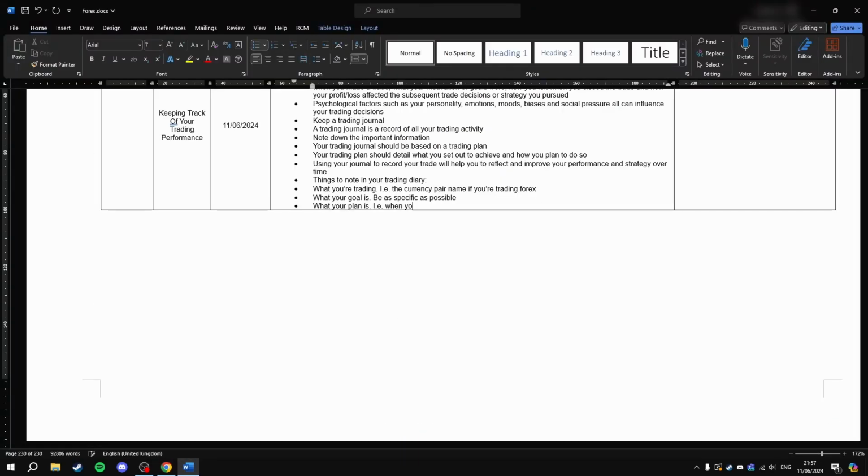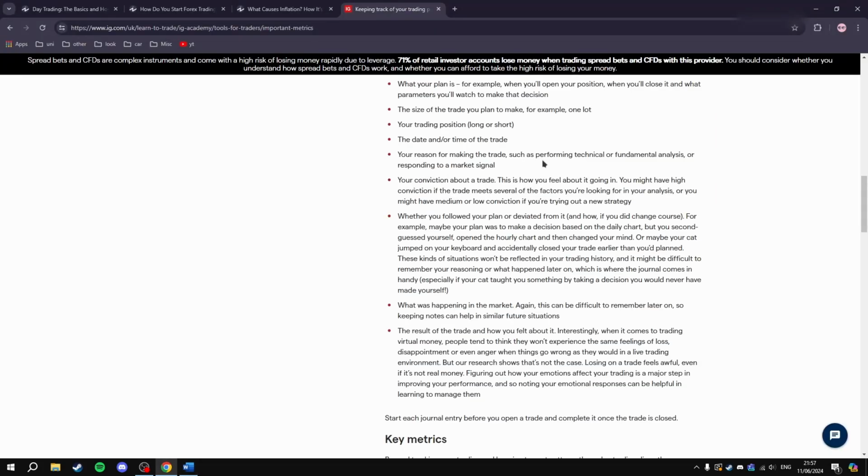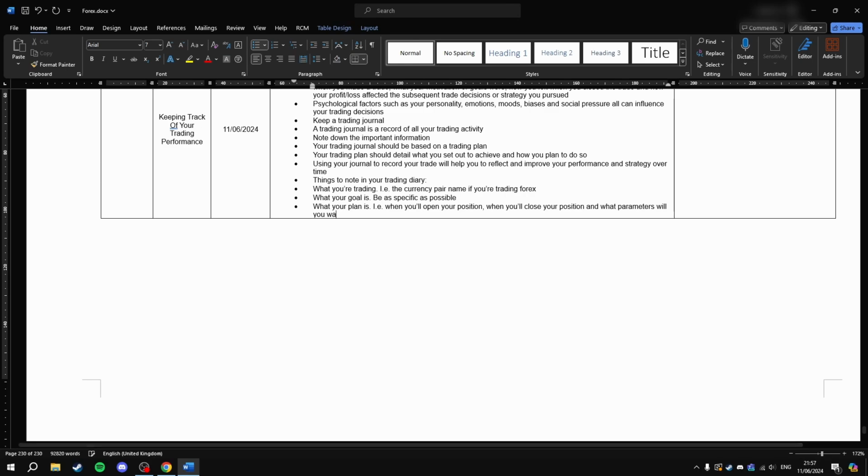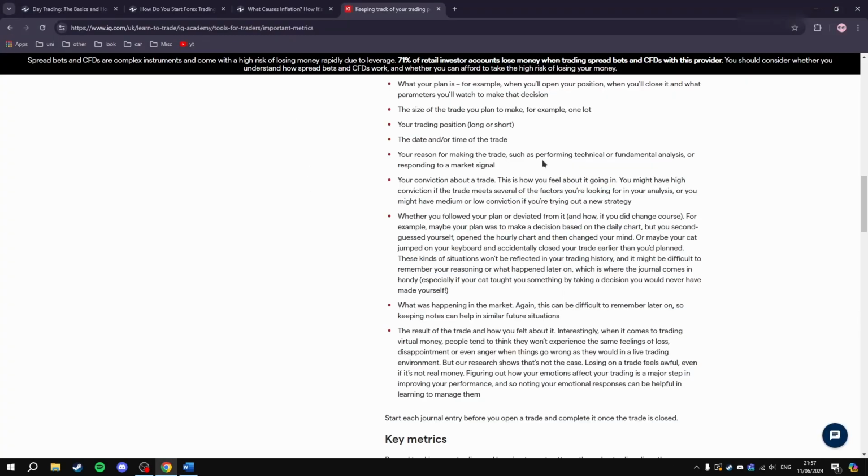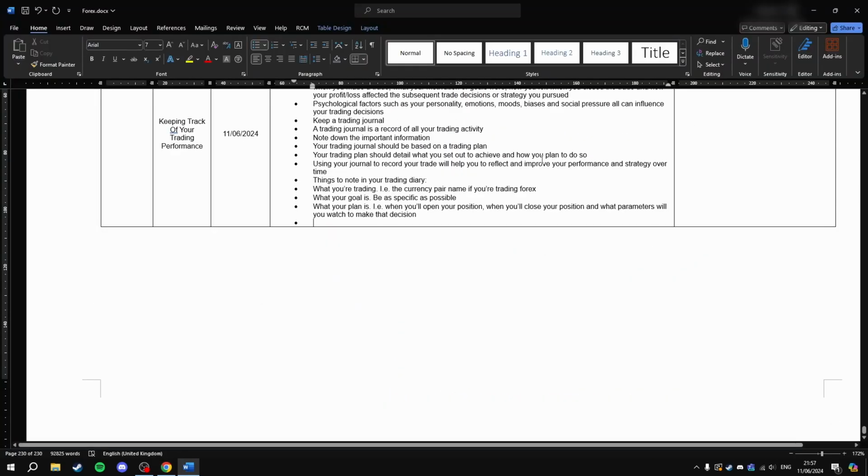The size of the trade you plan to make, for example one lot.